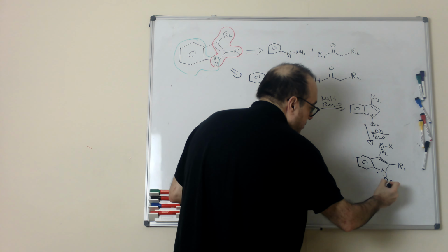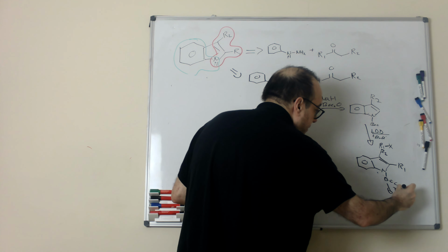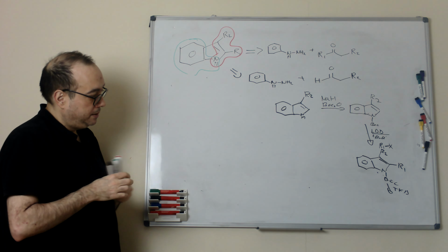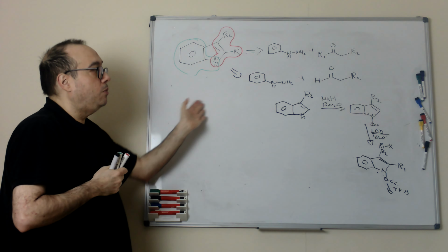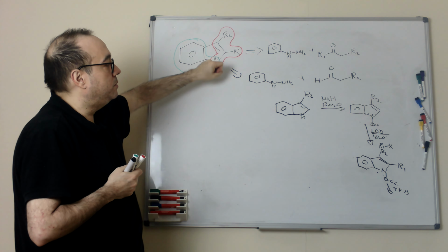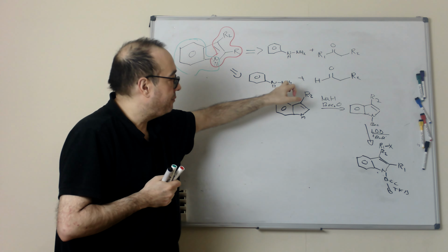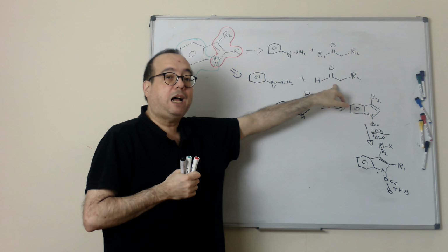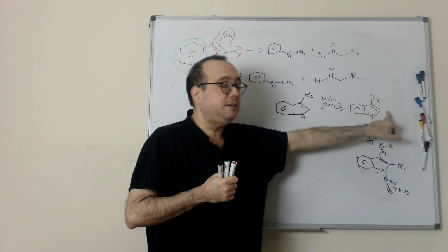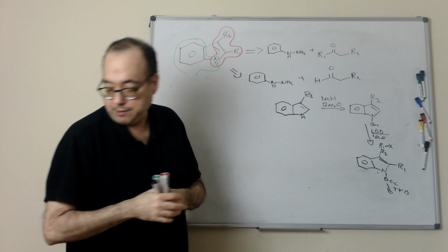And then remember to do the deprotection with TFA to get the final product. Okay? This is how we do it. When we have an asymmetric ketone, what we will do is use the aldehyde. We synthesize this compound, and then we add the R1.